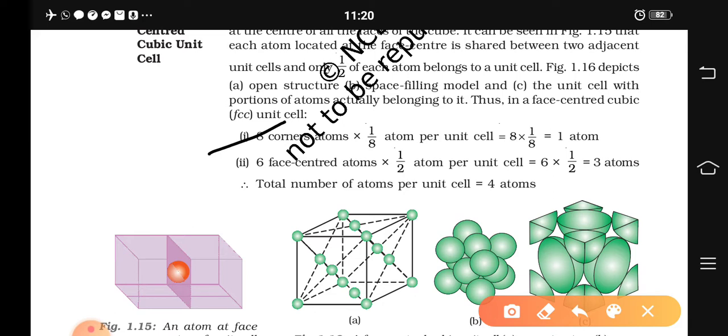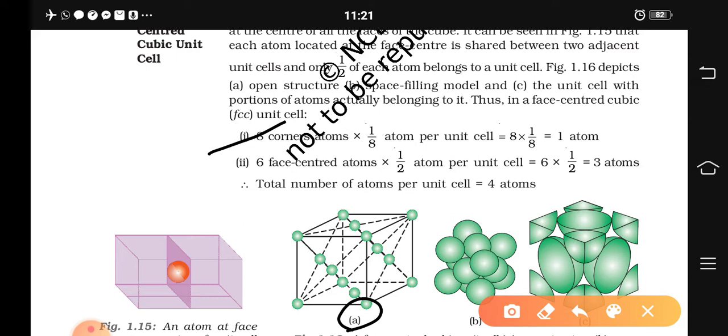We can see in diagram A, and we know that each contributes 1 by 8 to a particular unit cell, that is 1 by 8 atom per unit cell, which will give you 1 atom, as we have done in a simple cubic unit cell or in a body-centered cubic unit cell.